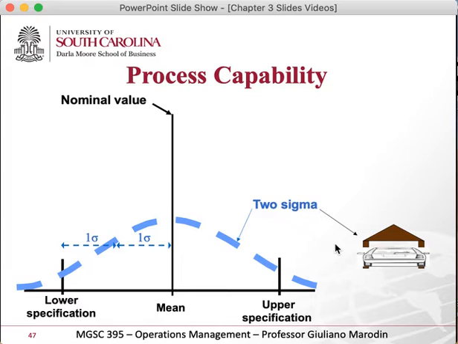So what's happening here with the car? Hopefully you know exactly what I'm asking now. The car is too big. It means that the distribution is too high. The distance between the mean and the lower specification limit is only 2 sigma, and what I want is to be at least at 3 sigma level.